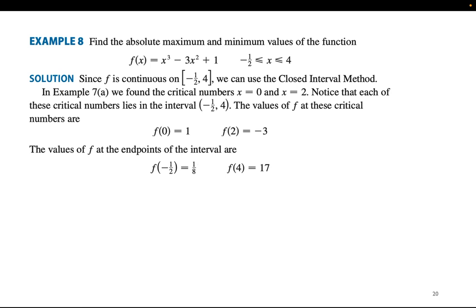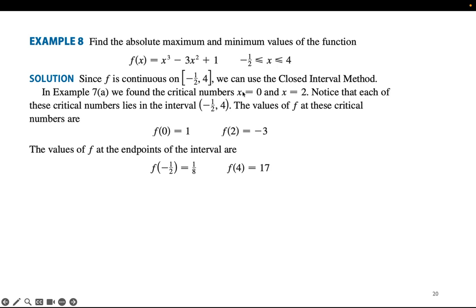Okay, so here's an example. We're going to try to find the absolute max and min of this function on a closed interval. Notice this is continuous on a closed interval. So we have to find critical numbers and also check the endpoints. To find the critical numbers, we have to differentiate it. But we did this earlier. This is one of the early examples we did. We found them to be 0 and 2. Again, we did that a couple of slides earlier.